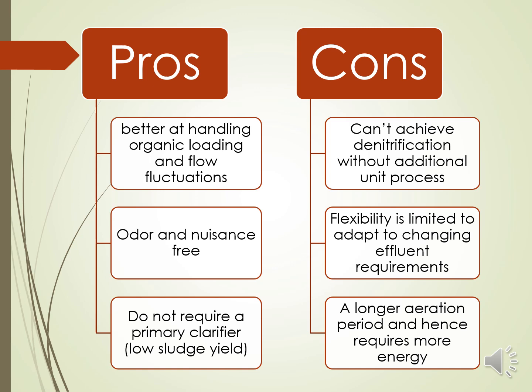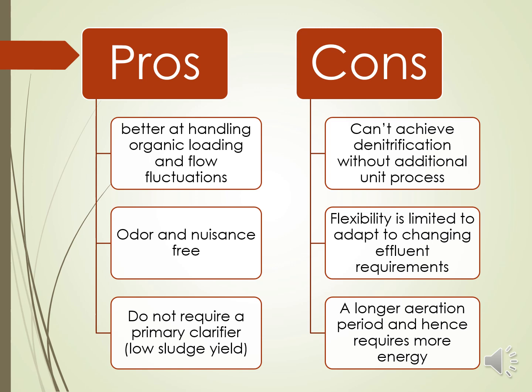Longer aeration period, and hence we require more energy. And the flexibility is limited to adapt to changing effluent requirements, and these effluent requirements can be maybe resulting from regulatory changes.